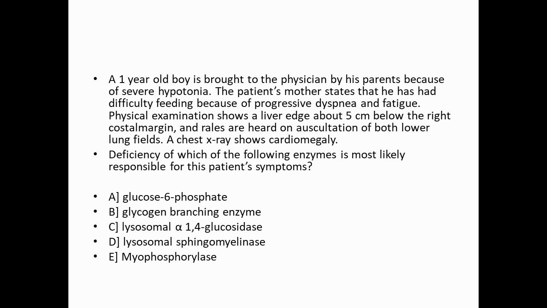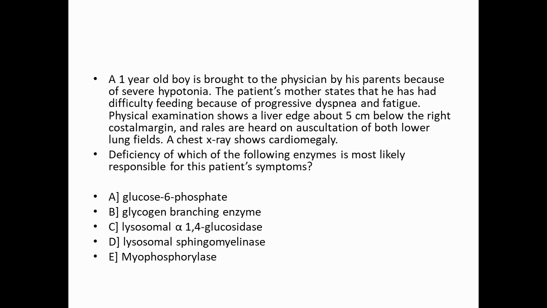The third question: a 1-year-old boy is brought to the physician by his parents because of severe hypotonia. The patient's mother states that he had difficulty feeding because of progressive dyspnea and fatigue. Physical examination shows a liver edge about 5 cm below the right costal margin and wheezes heard on auscultation of both lower lung fields.